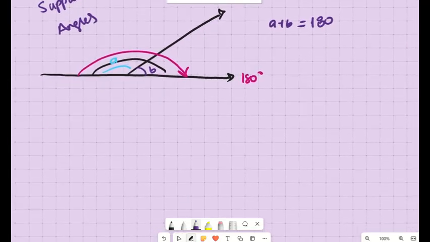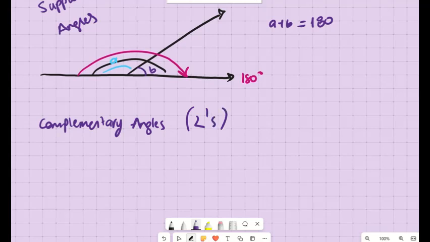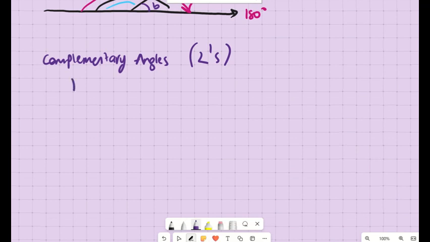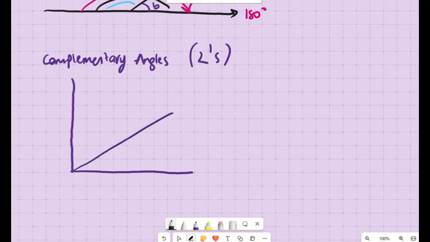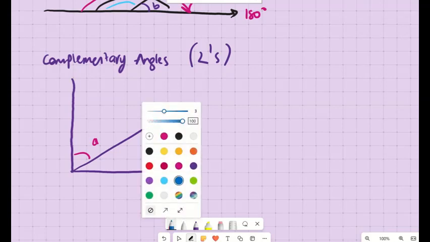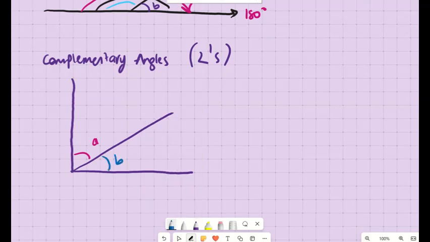And let's talk about complementary angles. It's similar. I think it's just a shortcut writing, if you see me writing it, it's because I sometimes slip that. Complementary angles, just like in the other one, this one is A, and this one is B. So A plus B equals 90 degrees.